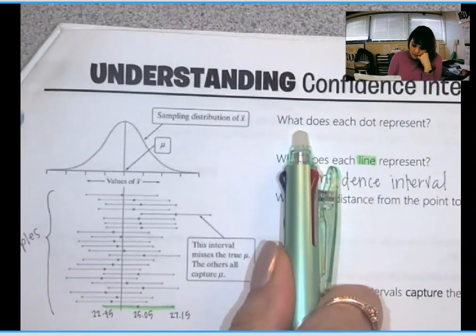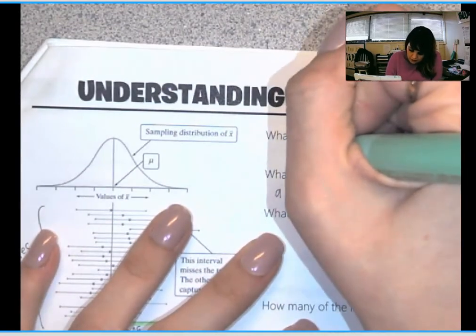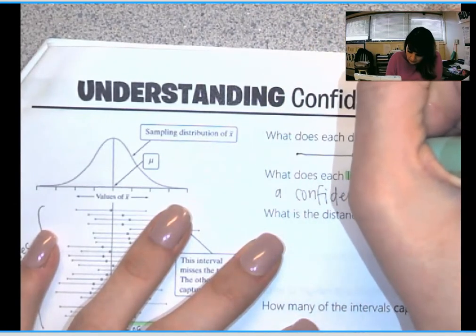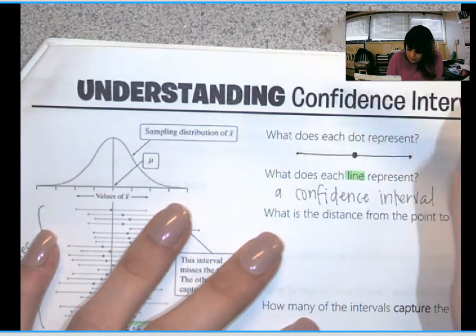Then this question says, what does each dot represent? If you look really closely, there are 3 dots: a baby dot, then a big dot right in the middle, and then another baby dot.